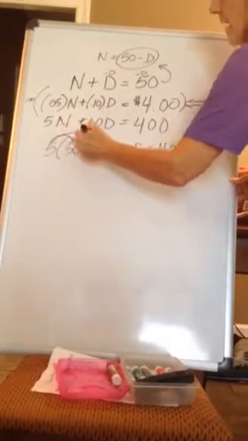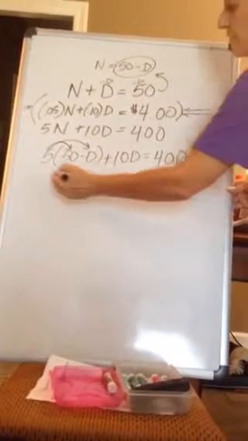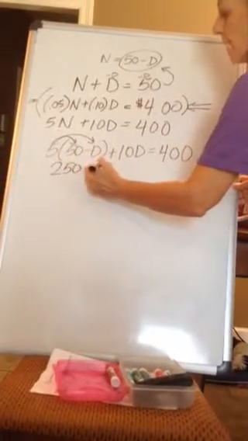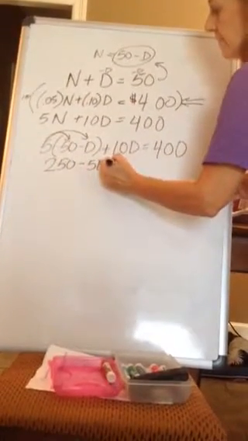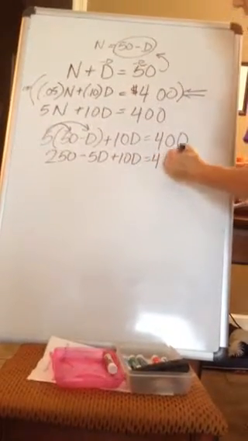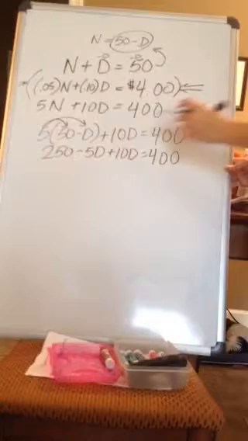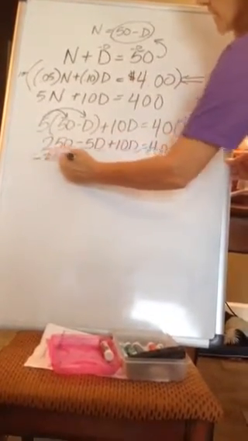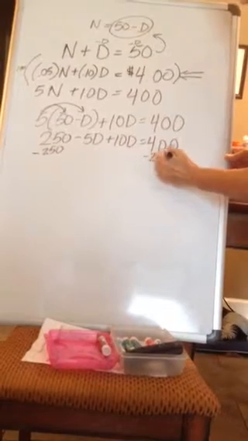I distribute my 5. 5 times 50 is 250 minus 5d plus 10d equals 400. I want to solve for d, so I will move my 250 to the other side by subtracting.